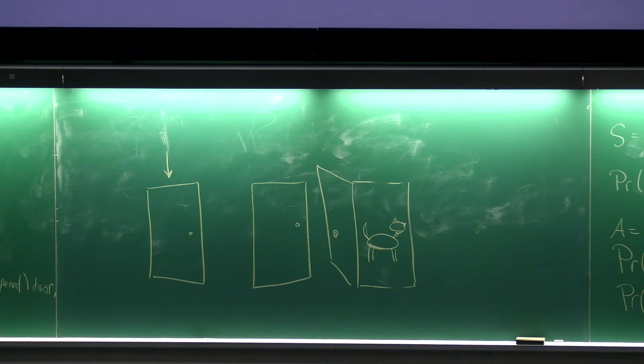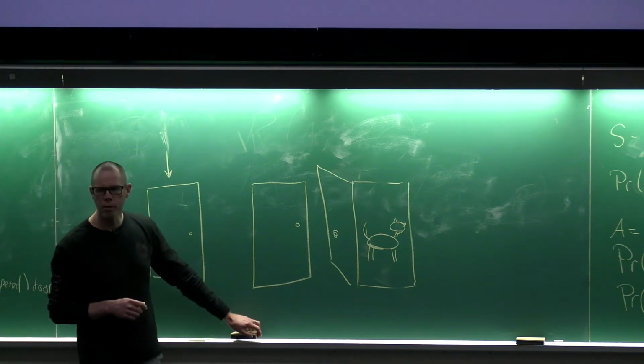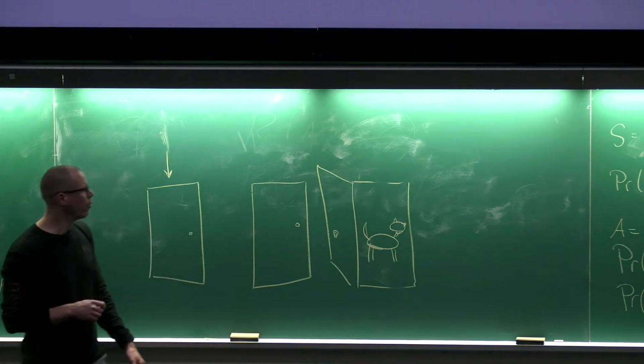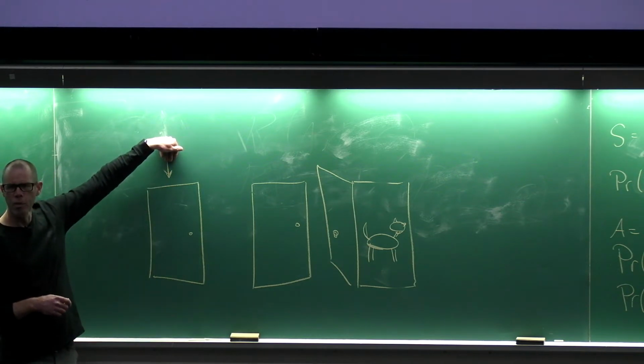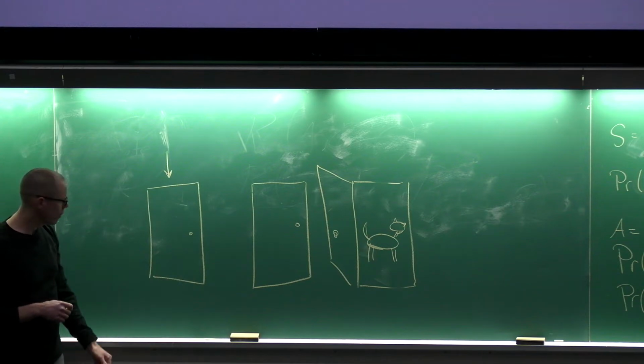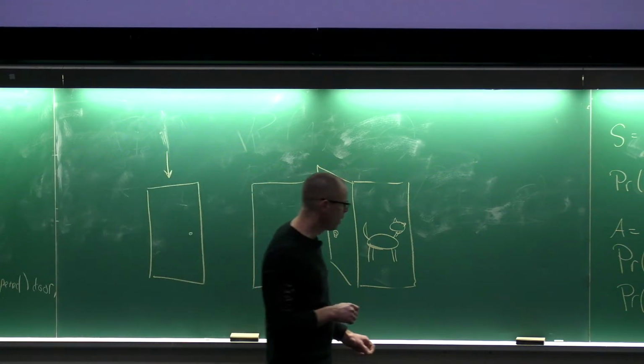You have a bigger probability of winning when you switch. Your probability of winning with the switching strategy is 2/3. Your probability of winning with the strategy of sticking with your first guess is 1/3.